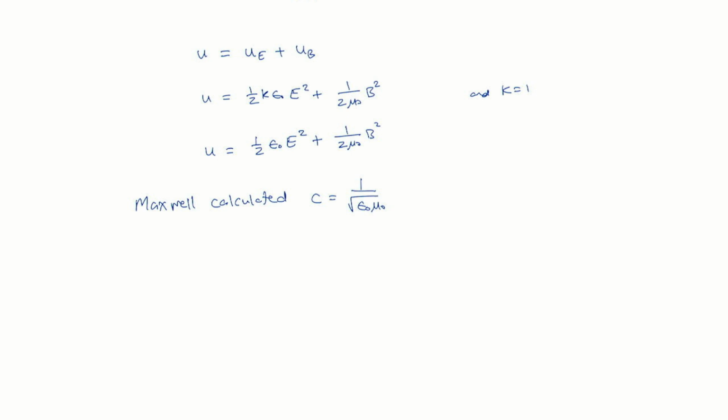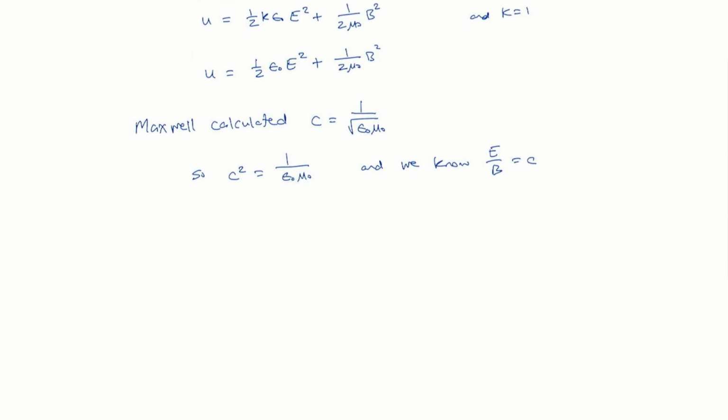If we square everything, we have c squared is 1 over epsilon 0 mu 0. And we saw earlier, so I'll put, we know that E over B is equal to c.